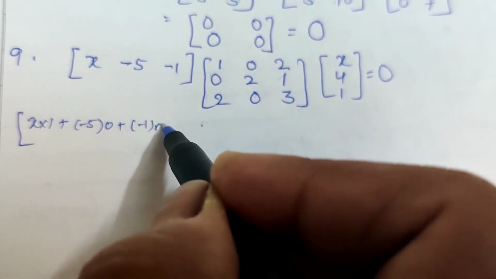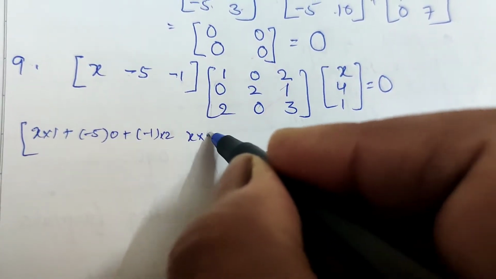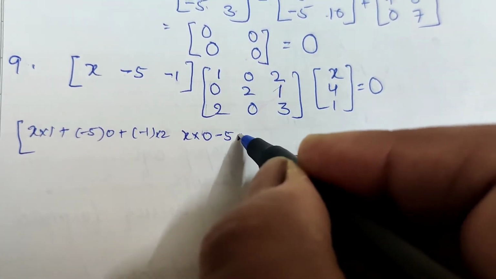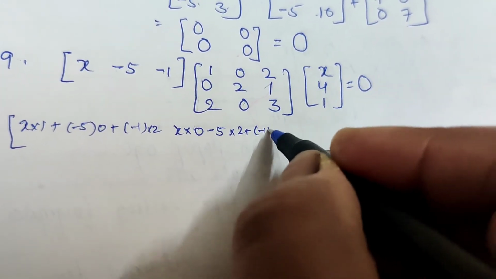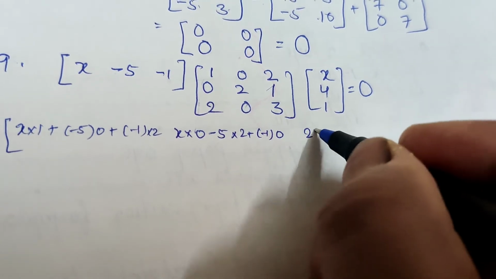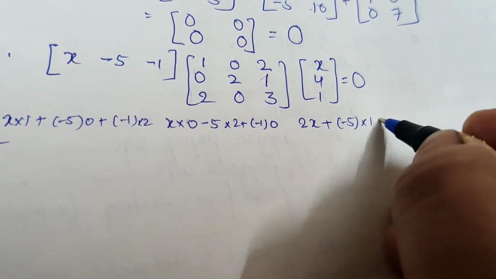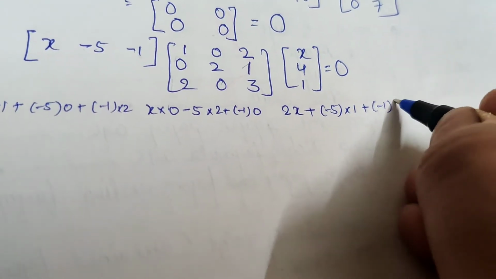into 2. And the second column x into 0 minus 5 into 2 plus minus 1 into 0. And the third column 2x plus minus 5 into 1 plus minus 1 into 3.